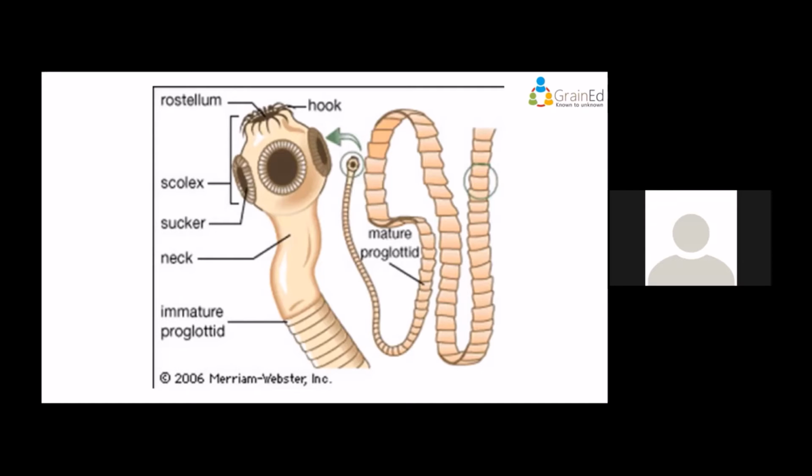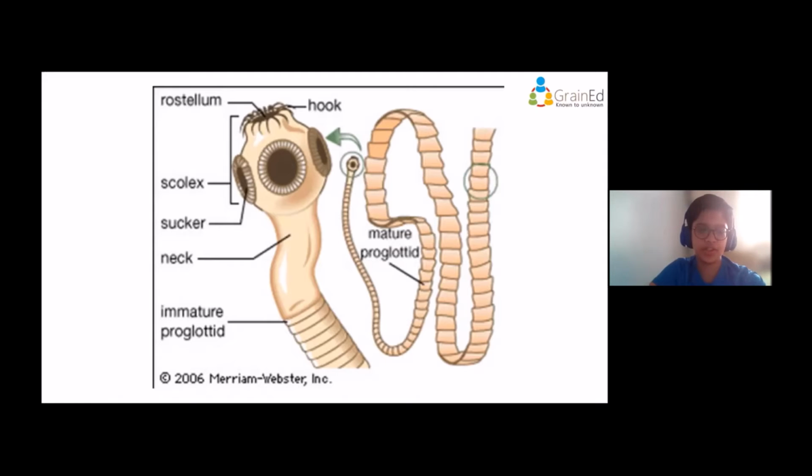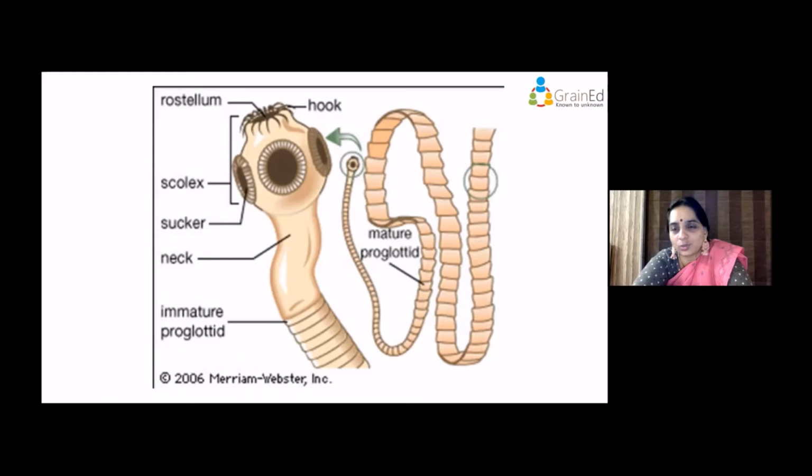If it directly goes without going into the intermediate host, it can't, right? Anybody else having any? I'm not going to accept or reject that. Can it spread through milk, like cow's milk or something? It cannot spread through milk. No, that is not possible.